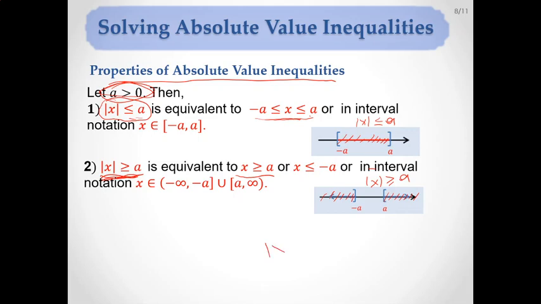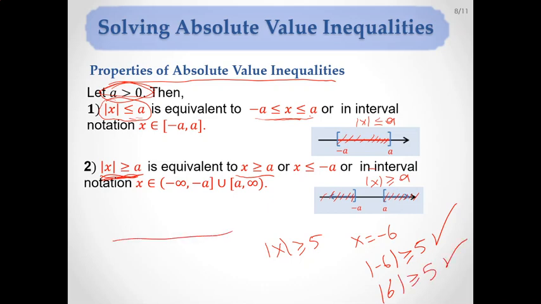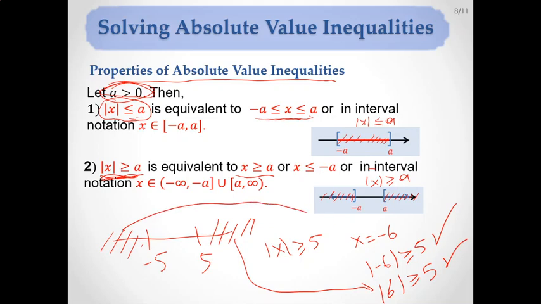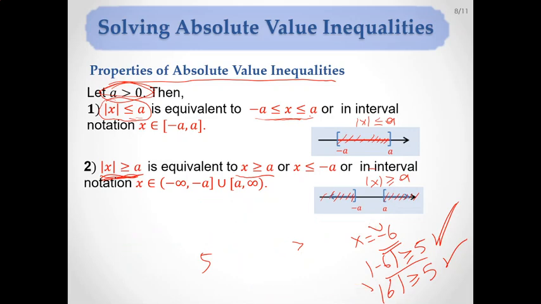Because, for example, assume you say the absolute value of x is bigger than 5. When you take x equal to negative 6, it satisfies the inequality, right? And also if you take 6, it satisfies it. You put minus 5 here and 5 here, and when you pick any number here, like 6, it satisfies it. And when you pick any number from here, like negative 6, it satisfies it.